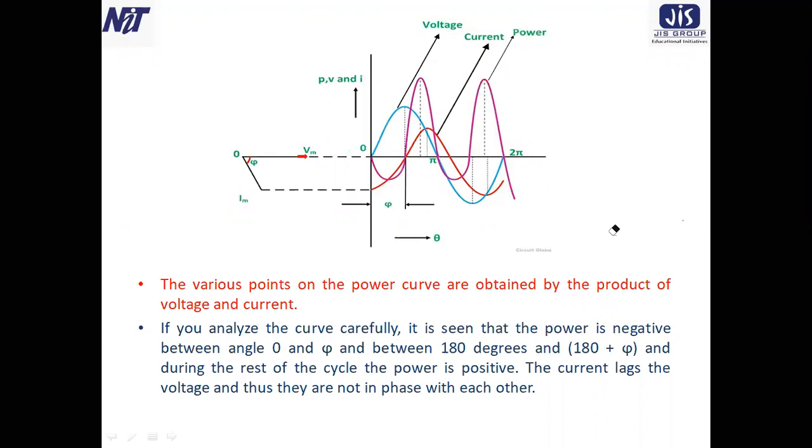If we analyze the curve carefully, it is seen that the power is negative between angle 0 and phi. Look, in this area the power is negative. This is negative power. Yes, between angle 0 and phi the power is negative, and between 180 degrees and 180 plus phi.